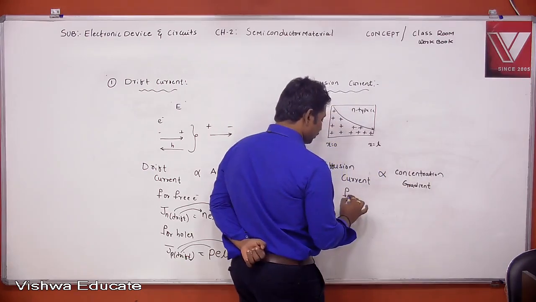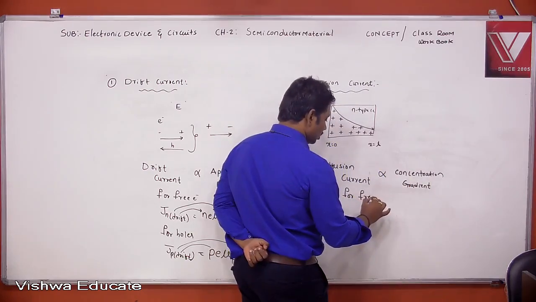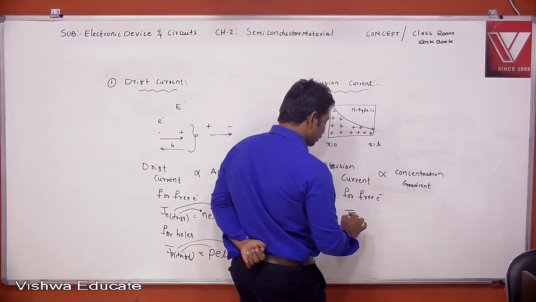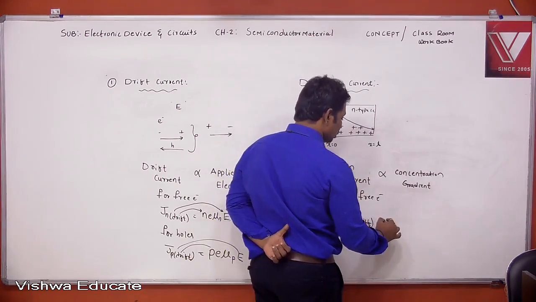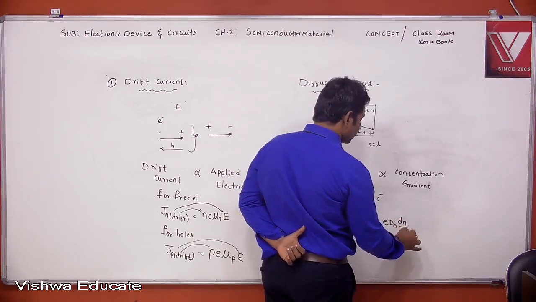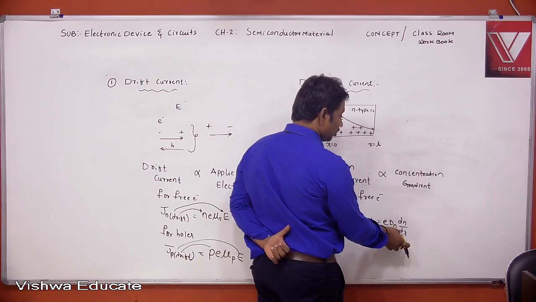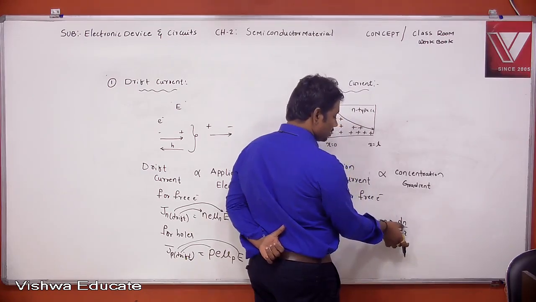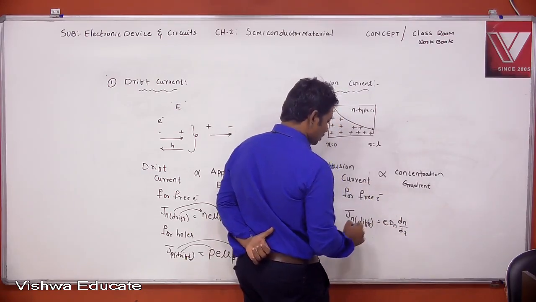In case of free electrons, what will be the diffusion current? That is Jn diffusion is equal to e into Dn into dn by dx. This dn by dx is nothing but concentration gradient. Here the concentration changes with respect to the distance.